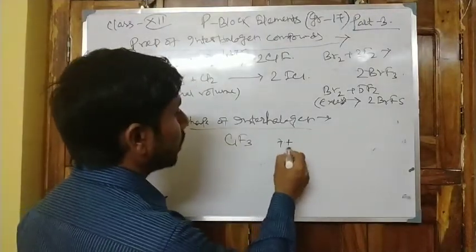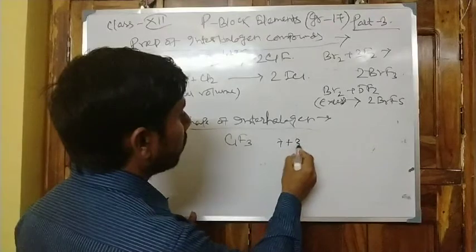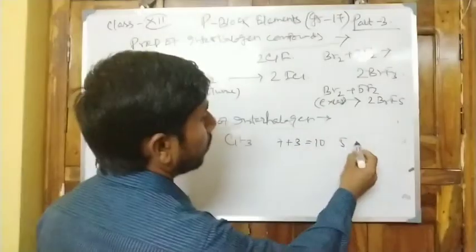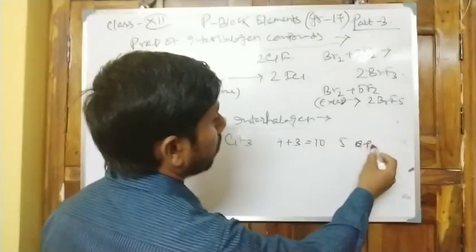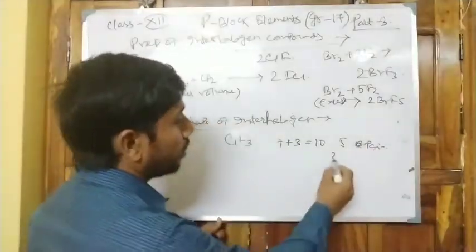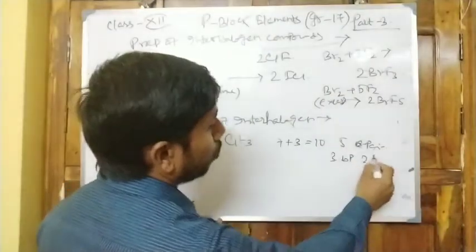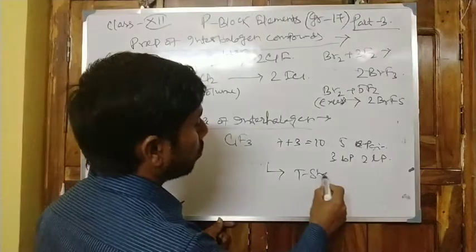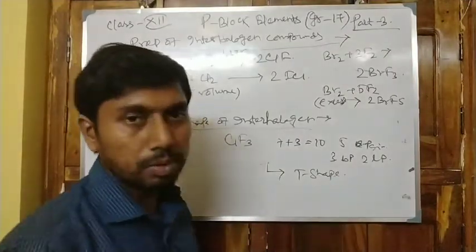Cl has 7 electrons and fluorine contributes 3, so 10 electrons, that is 5 electron pairs. There are 3 bond pairs and 2 lone pairs, so it is T-shaped.